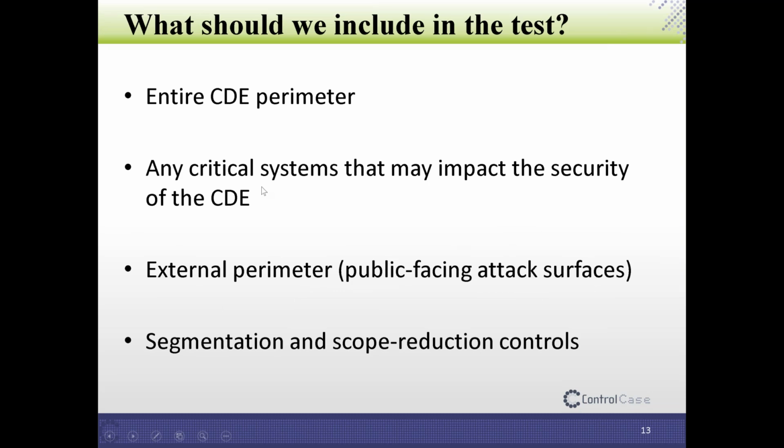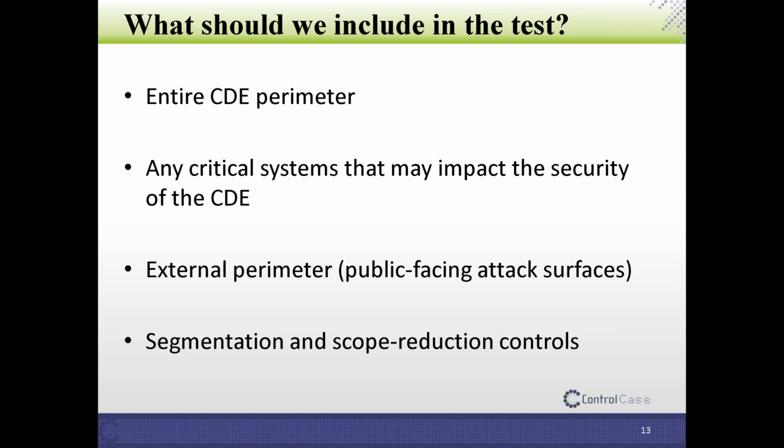Typically, what should we include in the test? So here is where you talk about three types of tests that could be included. One is the internal penetration test, which is emulating someone from the internal network trying to get cardholder data. External penetration test, which is someone from the outside, from the internet, that is trying to get cardholder data.